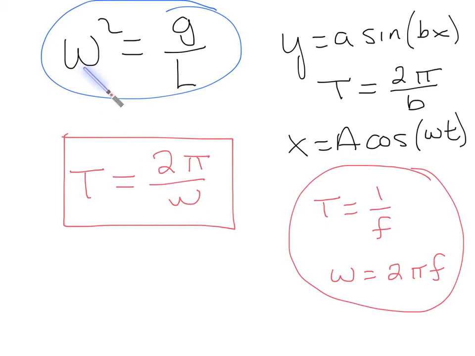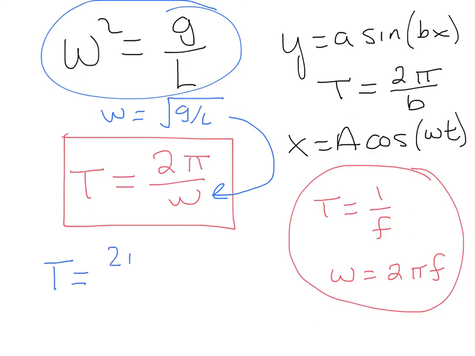I'm going to put omega in here. But what is our omega equal to? Well, our omega is equal to the square root of g over L. So now subbing in right there, I'm going to get T is equal to 2 pi over the square root of g over L. I'm going to go to a new slide really quick.